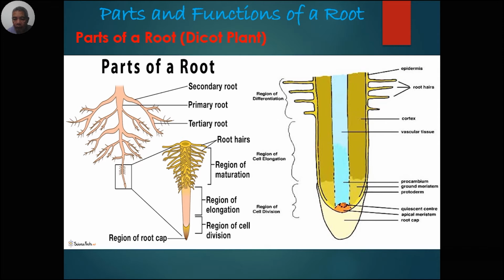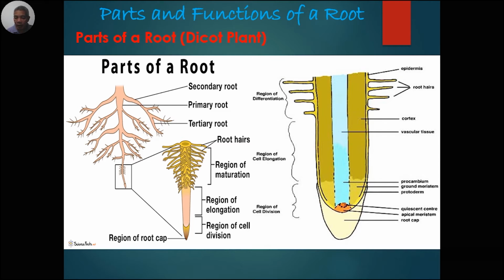Then we have also the apical meristem, the three major types. The first one is procambium. The procambium gives rise to vascular tissue, including the primary xylem and phloem.